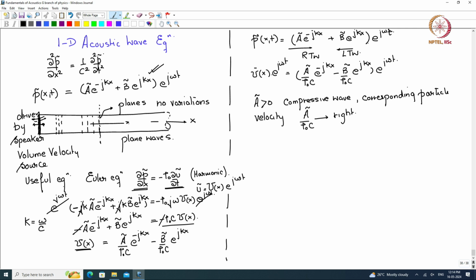Similarly, if b tilde is positive, then it is also a compressive wave. However, it is left going.